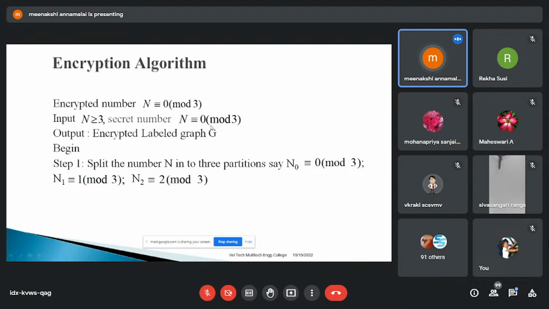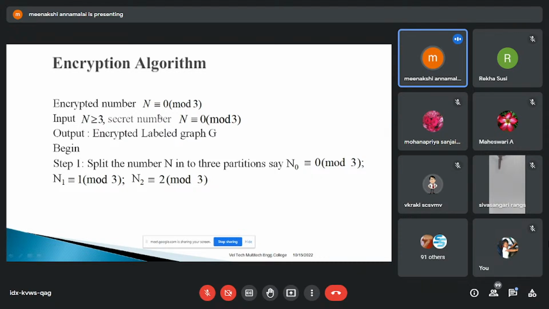Now the first step: the secret number n is split into 3 partitions. How do we split it? Here I'm taking the case n congruent to 0 mod 3, so I'm selecting a suitable secret number; we cannot take all. So we split the number n into 3 partitions.